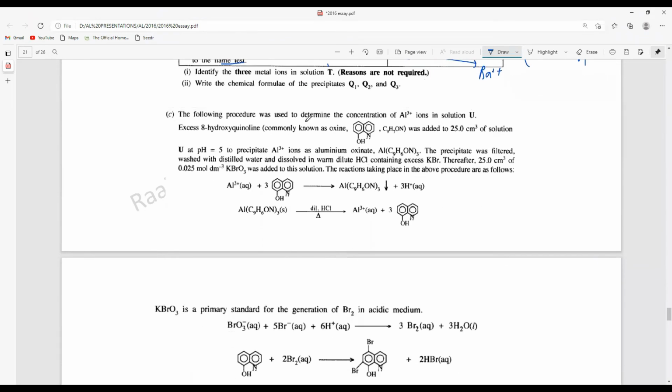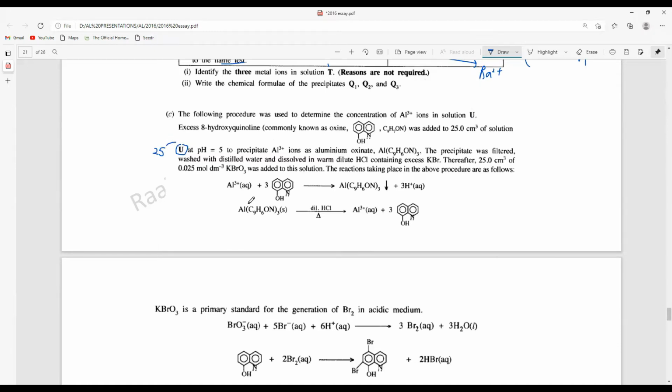The following procedure was used to determine the concentration of aluminium 3+ ions in solution U. Excess 8-hydroxyquinoline, commonly known as oxine, is used. We use this in our university to characterize aluminium, in fact. There is a solution U and its volume is given as 25 cm3.